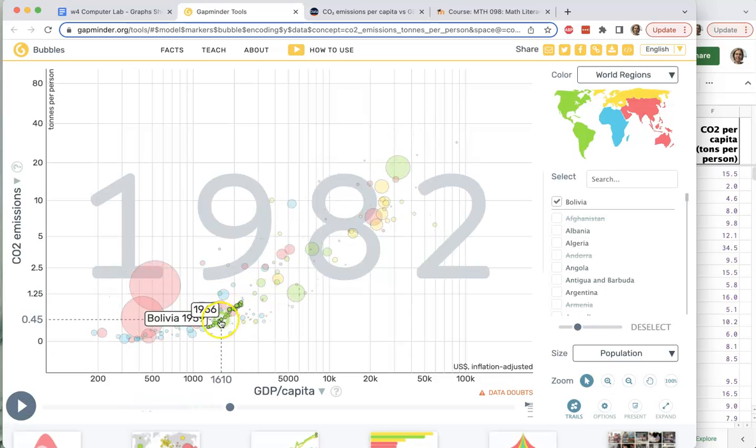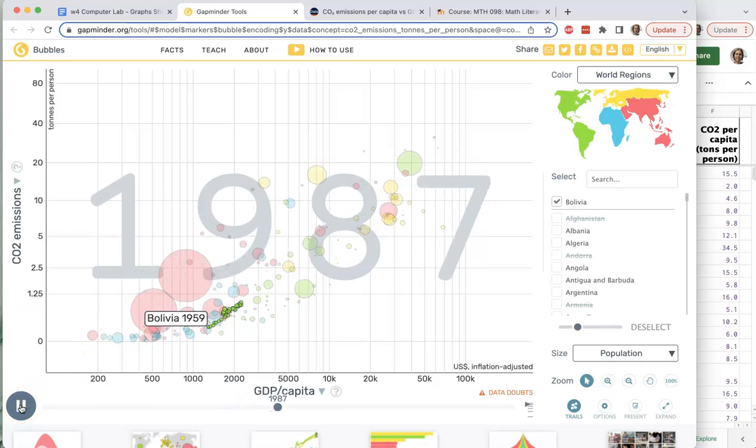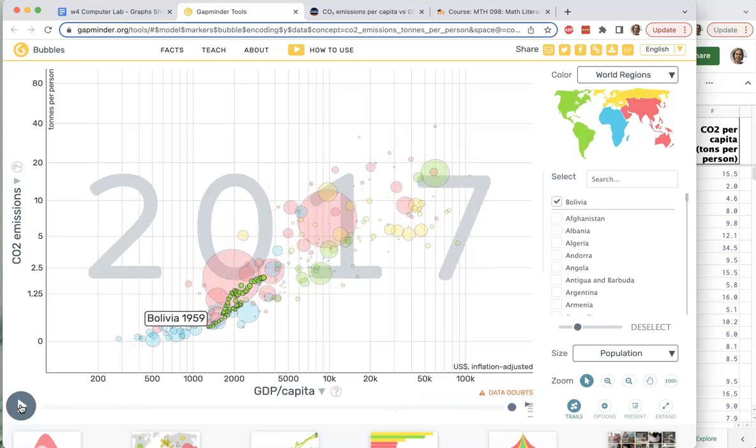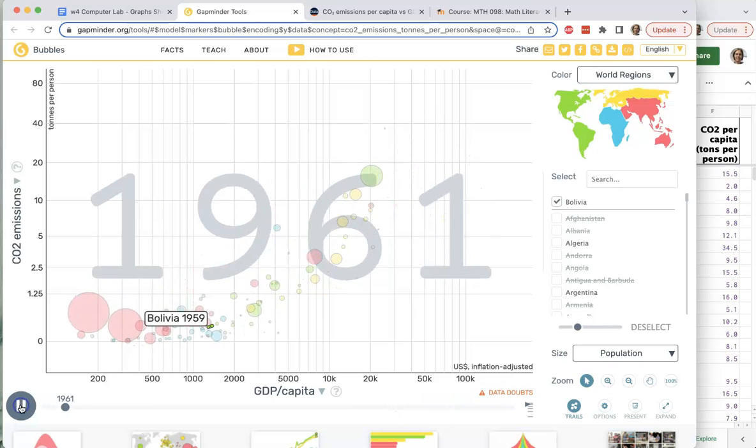Did you notice that Bolivia was going forward and then it started going backwards again? So I don't know what was happening, but I was born in Bolivia right around here. And I think there was political instability, so that might have created this return where GDP started going backwards. And then it starts going forwards again. And now CO2 emissions are also rising.